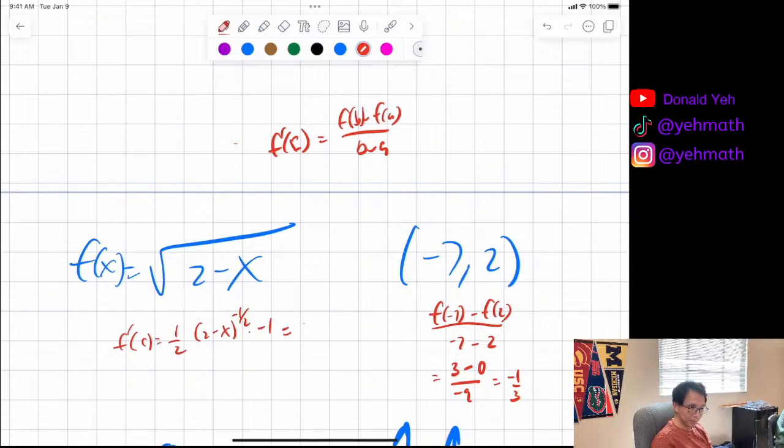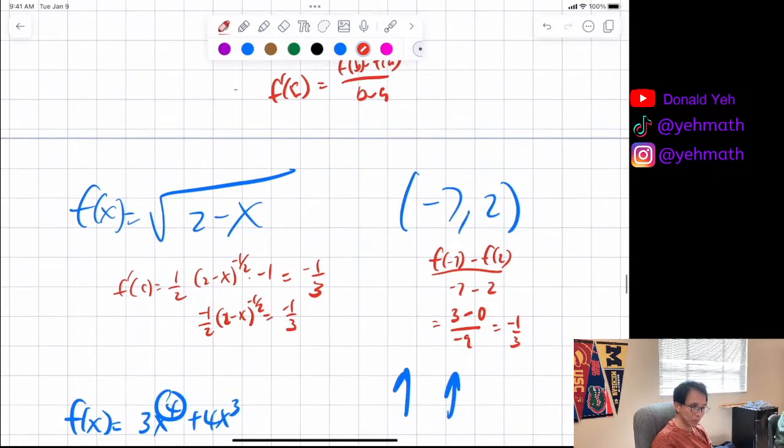Which equation? F prime. Oh, this is... Yeah. Oh, shoot. Yeah, I messed up. Simplified. -3/9.